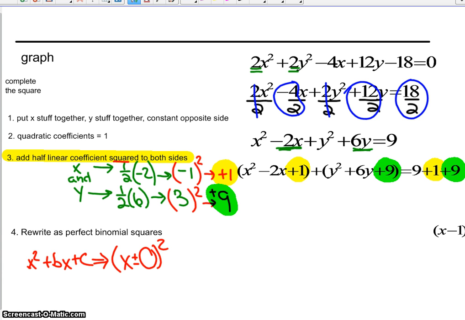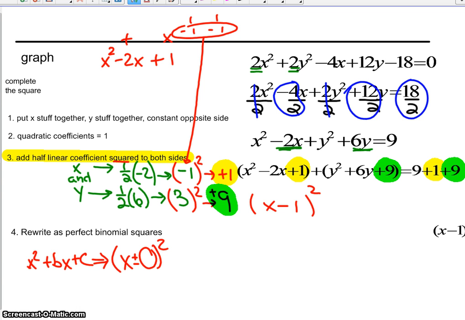If I thought about factoring x squared minus 2x plus 1, I'm looking for two numbers that multiply to 1 and add to negative 2. Well, the only way I can get 1 is 1 times 1, or negative 1 times negative 1. So there's my pair. Notice what I took half of. This is the same thing as x minus 1 times x minus 1.